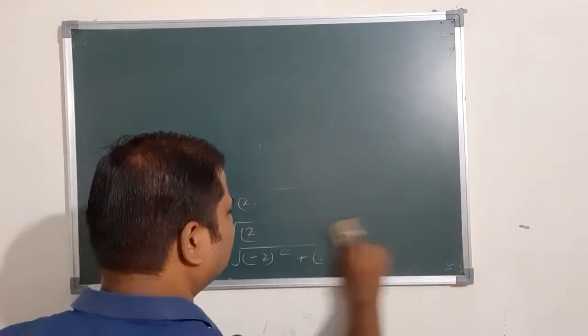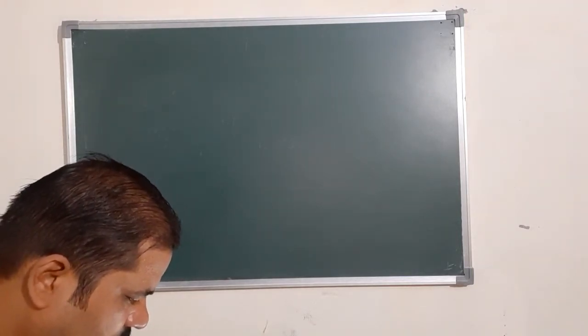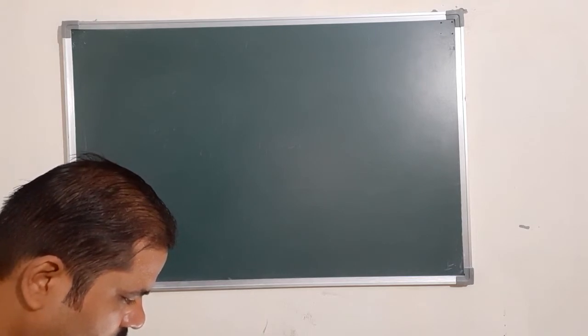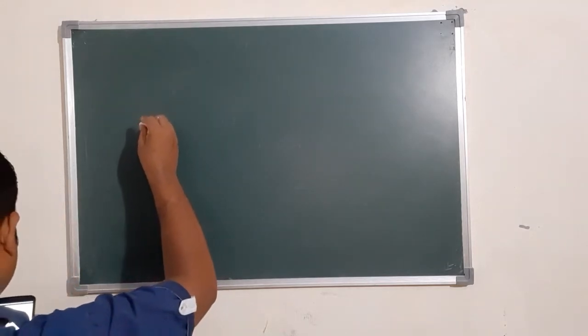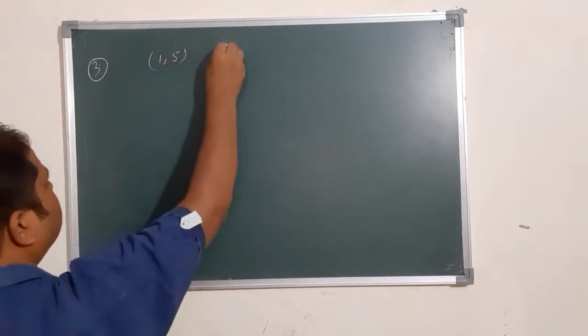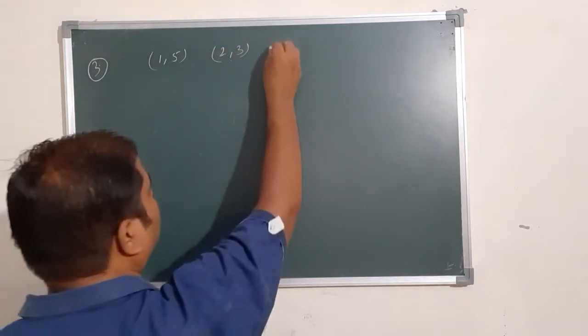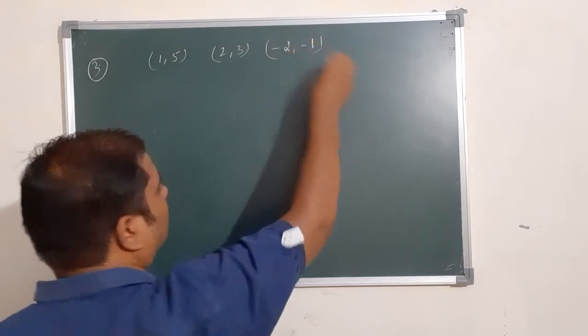So the next problem, question number 3, exercise 7.1: determine whether the points (1, 5), (2, 3) and (-2, -1) are collinear.